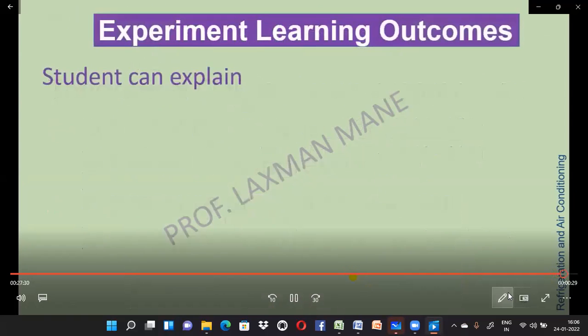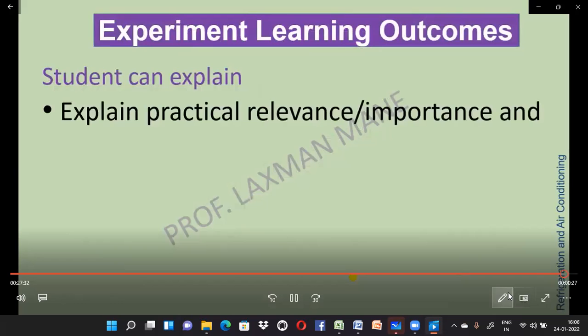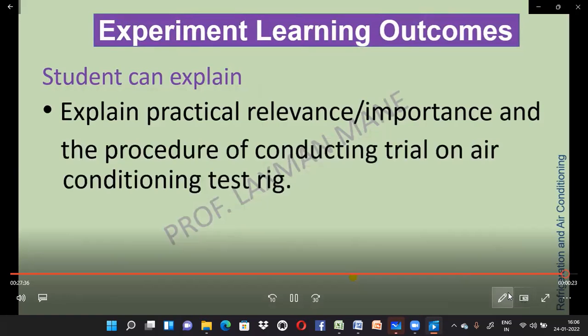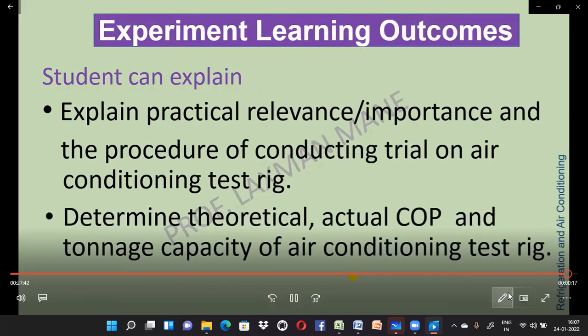So at the end of this session, you can explain practical relevance, importance, and the procedure of conducting trial on air conditioning test rig. You can also determine theoretical and actual coefficient of performance along with tonnage capacity of air conditioning test rig.